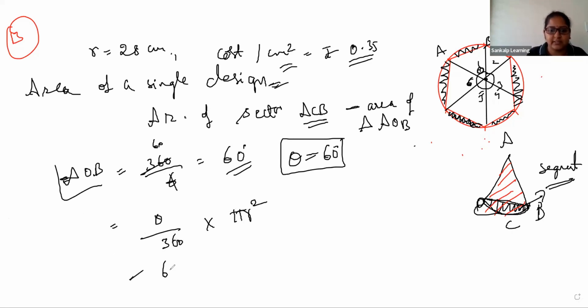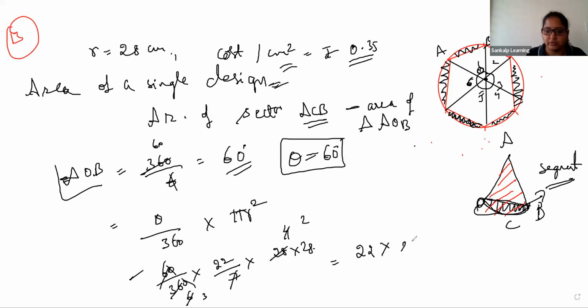Then theta is 60 degree into pi r square. R is 28 into 28. So 0 0 cancel. 6 sixes, next 4 sevens, 2 threes, 2 twos. That is equal to 22 into 2 into 28 by 3. I will write what answer we get.